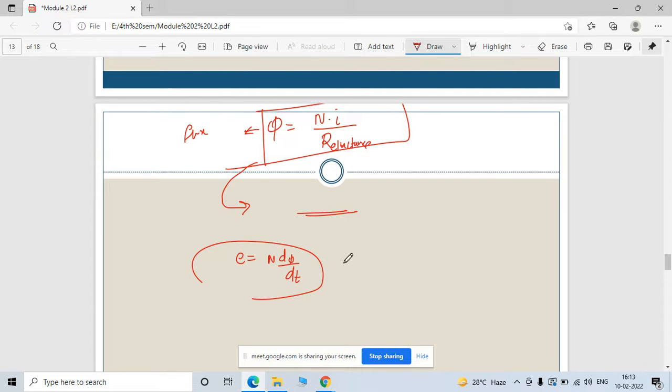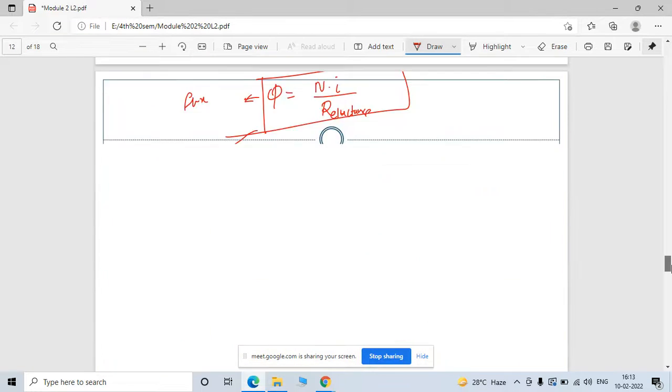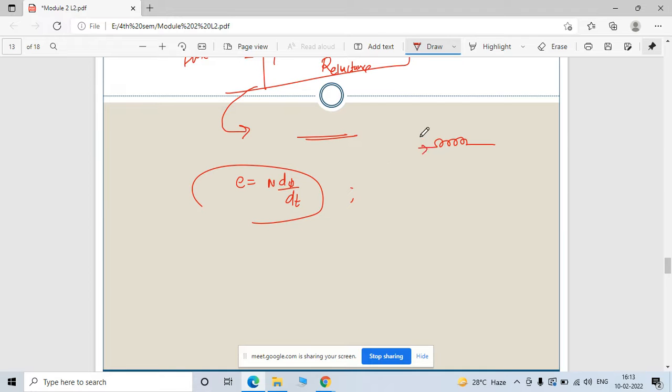The inductor formula is also known to you. If there is an inductive coil, because we are dealing with an inductive transducer, and current I is flowing in that circuit, the induced EMF in this coil is E equal to L di by dt, where L is the inductance of the coil.